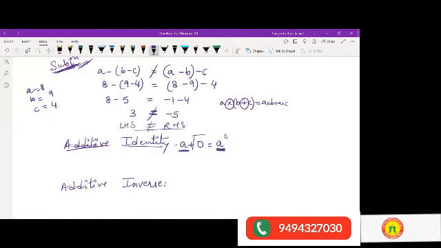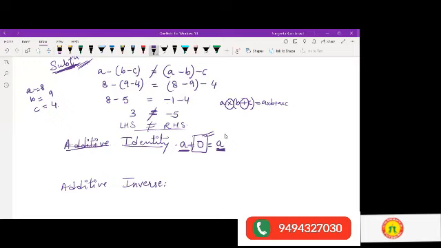So that particular number which is used for this purpose is called additive identity. You got it? So that means 0 is additive identity in this case. If I add 0 to any number, my number does not lose its identity.